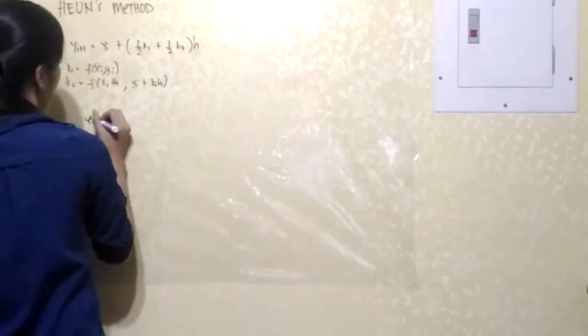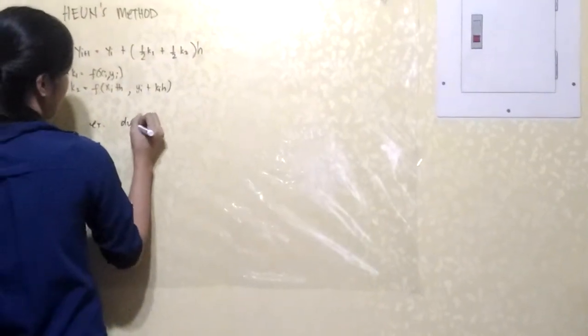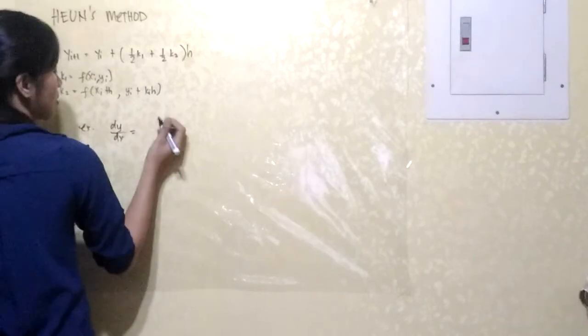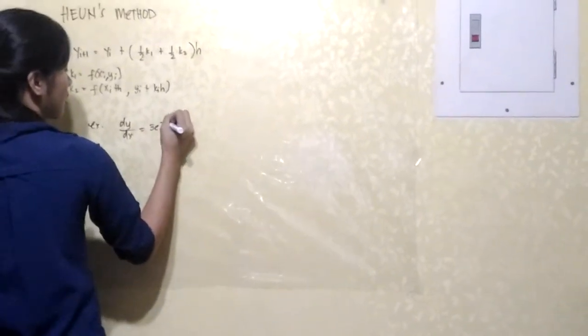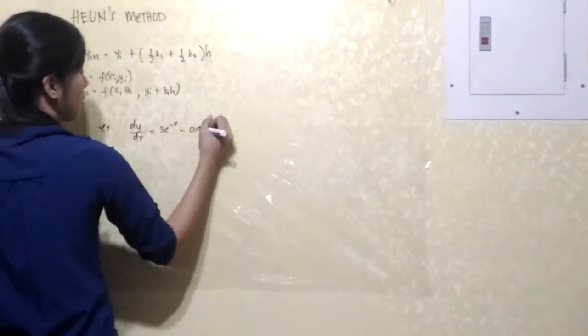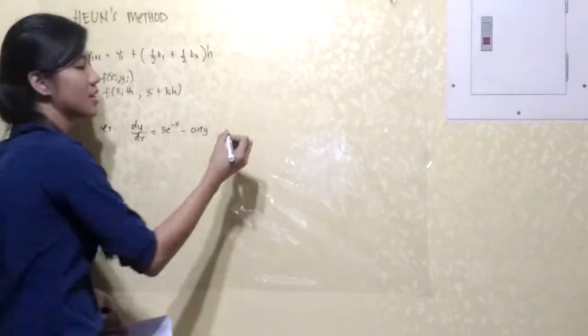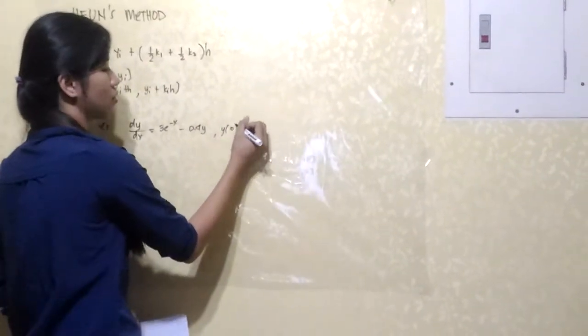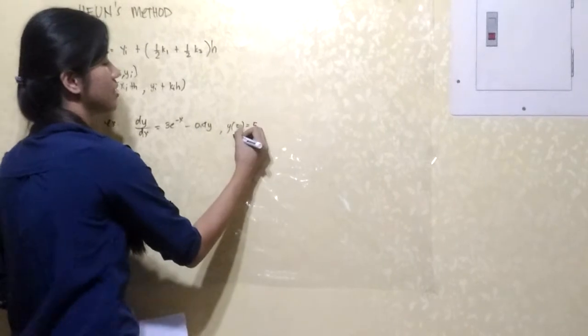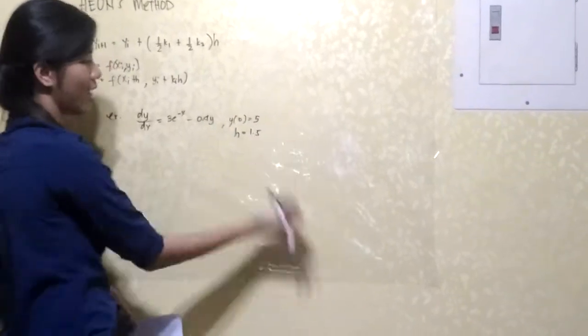For example, given the differential equation 2y dx equals 3e raised to negative x minus 0.4y, given the initial condition y sub 0 equals 5 and the step size 1.5.